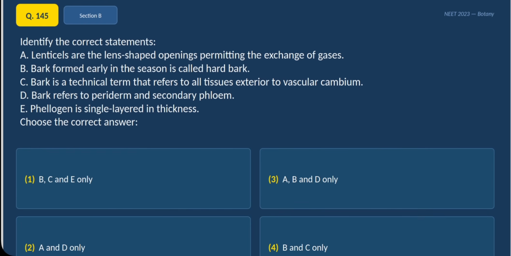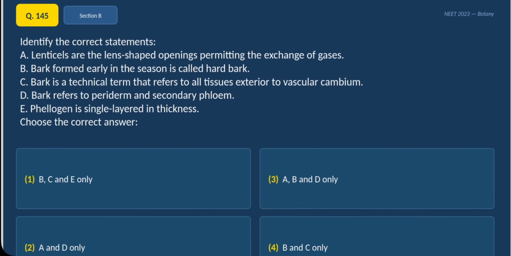It is bark, we are not talking about the wood. Bark is a technical term that refers to all the tissues exterior to vascular cambium. Yes, correct. Bark refers to periderm and secondary phloem. So periderm is the phellum. Yes, that is also correct. So C, D is correct.